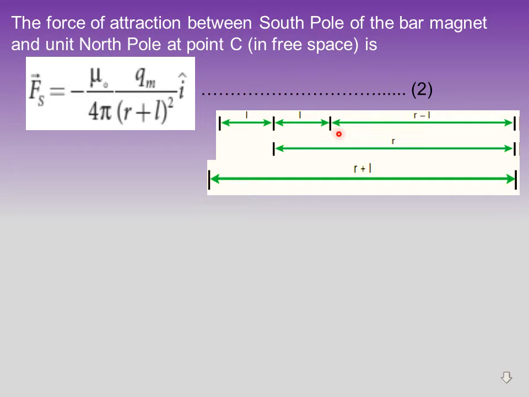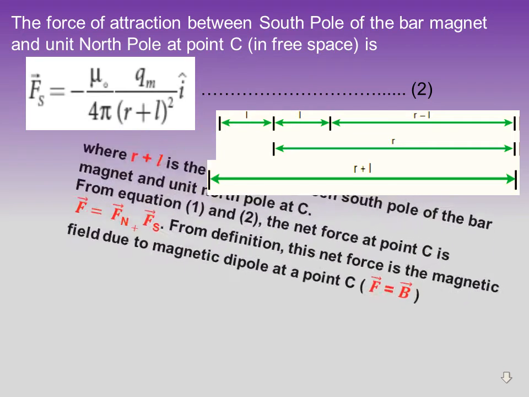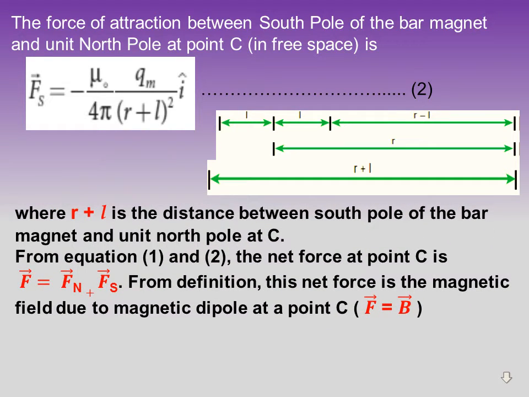Then this is the distance between the north pole and C. This is the total distance from O to C, and this is the total distance from the south pole to the point C, where r plus l is the distance between the south pole of the bar magnet and the unit north pole at C. That means we calculate this length from C to O and then S to O. This is r plus l.